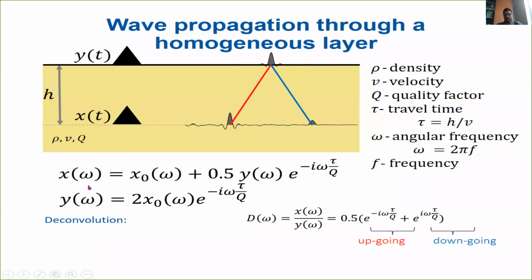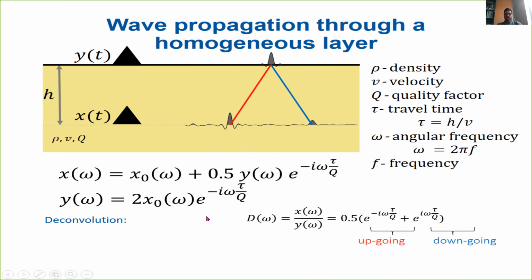I can also decide to do something different. I can also calculate the ratio between x of omega and epsilon of omega, considering as the reference, in this case, the ground motion, the recording at the surface.